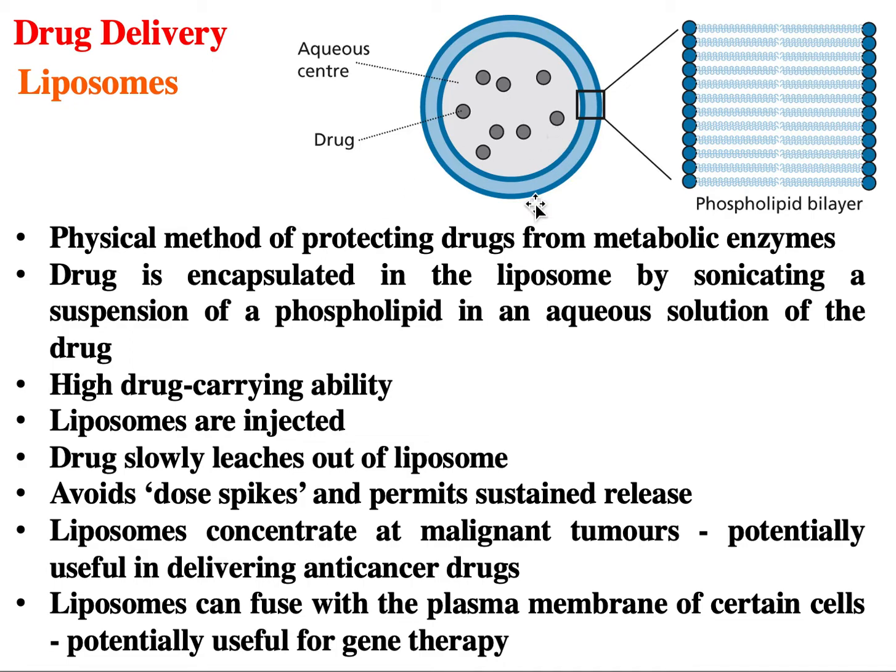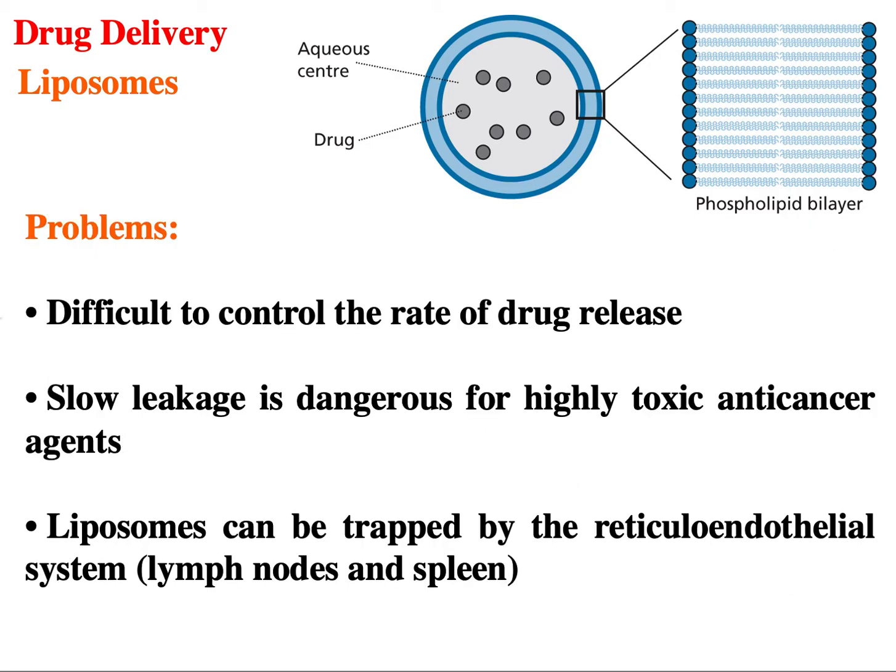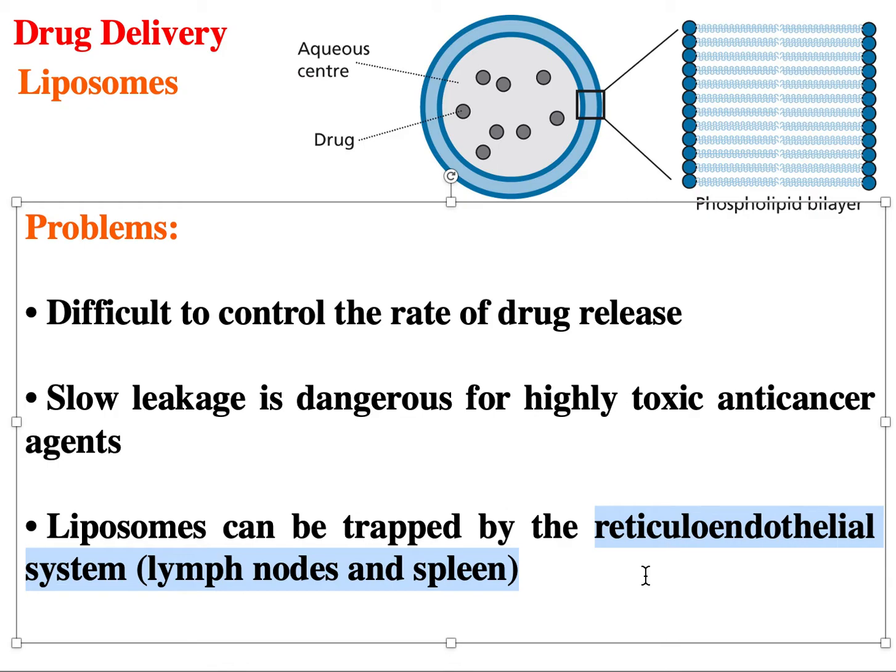People also look at it for gene therapy. They look at it for chemotherapeutics as well. It can still be bad. The rate of release in the liposomes can still be challenging to control, and depending on the size, it can get trapped in what's known as the reticuloendothelial system, which is also known as your lymphatic system, right?